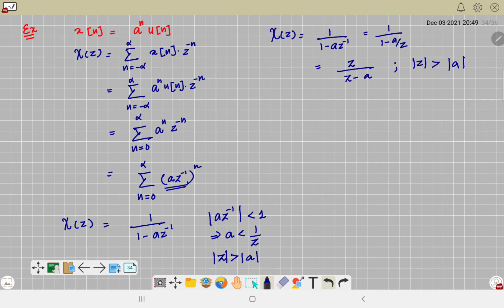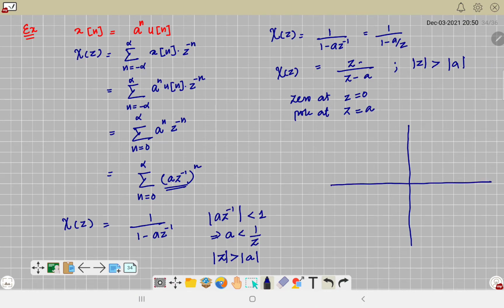Now X(z) is a rational function. We know the concept of zeros and poles, so we have a zero at z equal to 0, and we have a pole at z equal to a. If I plot this, I will locate a point a here, where I will have a pole, and 0 will be here, and the region of convergence is for magnitude of z greater than magnitude of a.